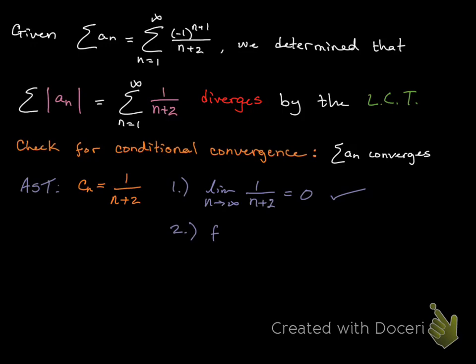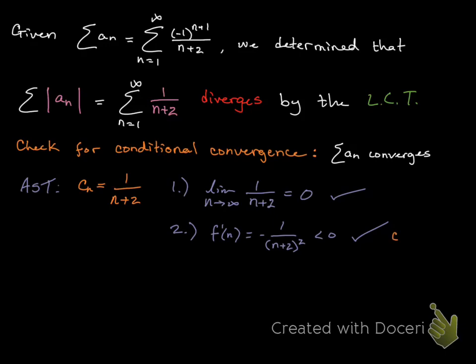Two, I can take a quick derivative of 1 over n plus 2, and I get minus 1 over n plus 2 squared. And that's, of course, less than 0. That's negative. That means that C sub n is decreasing.